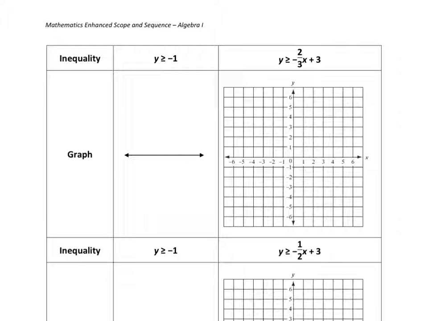Okay, so take a moment and try and do these two on your own and then check back. Okay, so if we look at the first one and we want to graph, y is greater than or equal to negative 1. Okay, so it gets filled in. It's greater than or equal to negative 1, so we're going to the right.